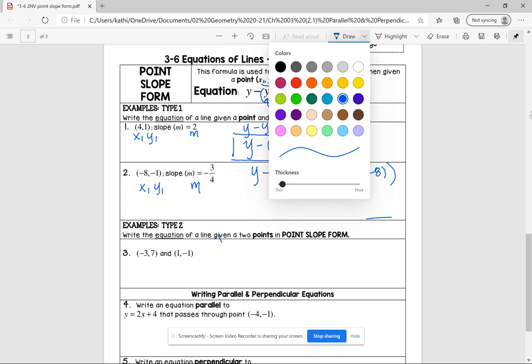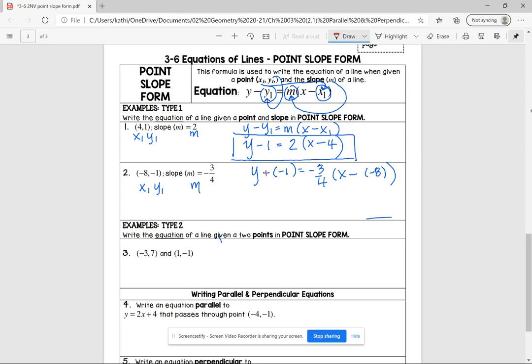So I'm going to simplify by saying minus a negative is plus. So I'm going to rewrite this as y plus 1 equals negative 3/4 times the quantity x plus 8. But I stop there.